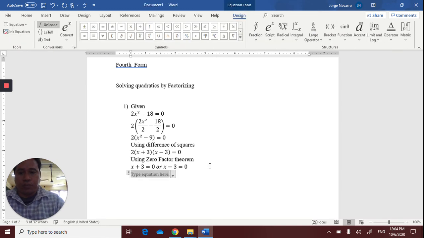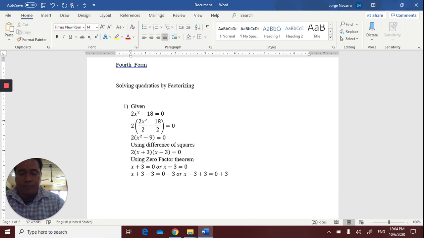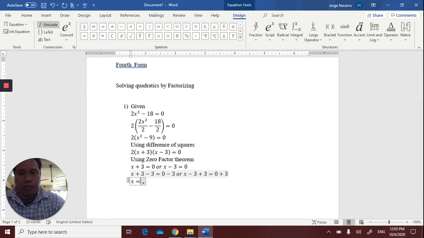For the first part, x plus 3, I must minus 3 from both sides, so equals 0 minus 3. Or for x minus 3, the opposite of minus 3 is to add 3, equals 0 plus 3. Then the plus 3 and the minus 3 will cancel, giving me x equal to negative 3, or x equal to positive 3.